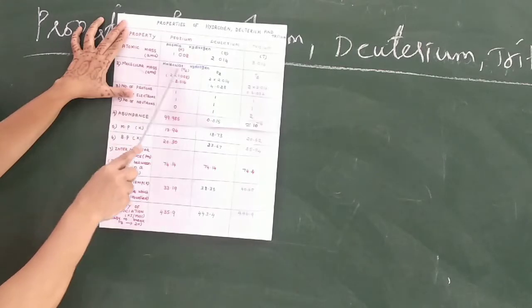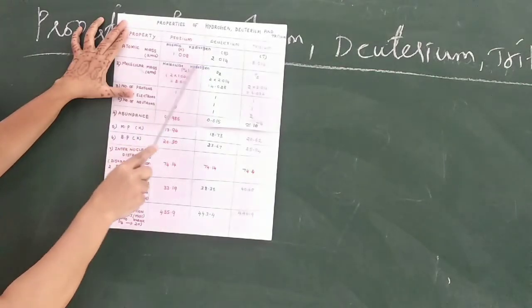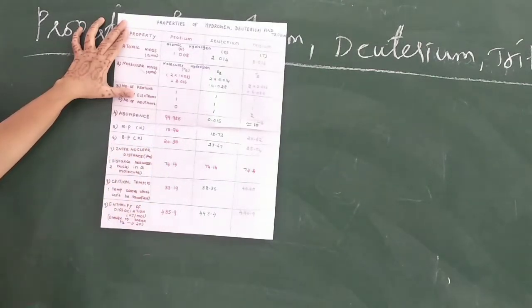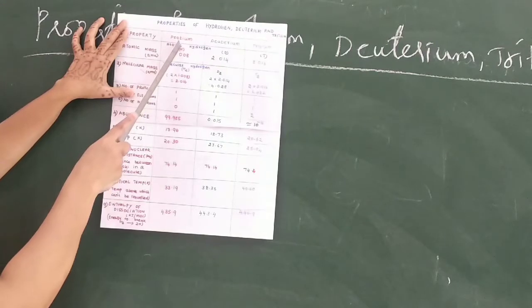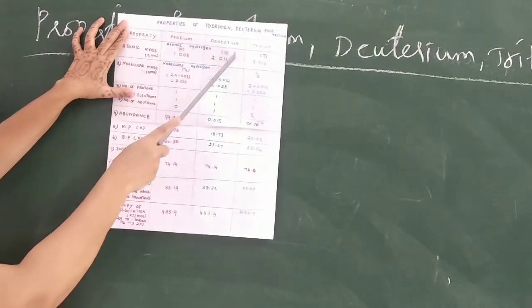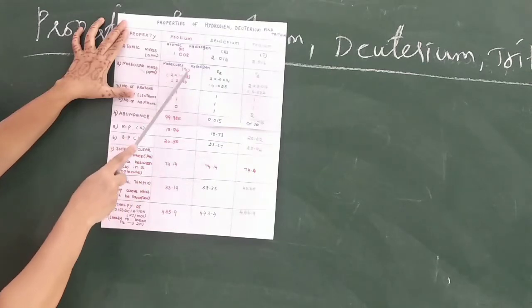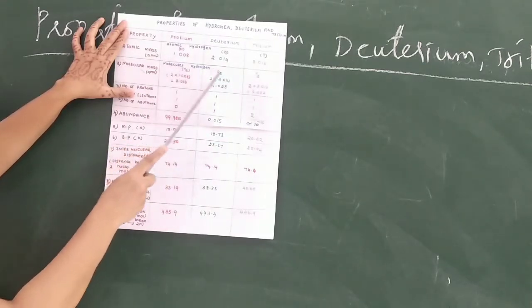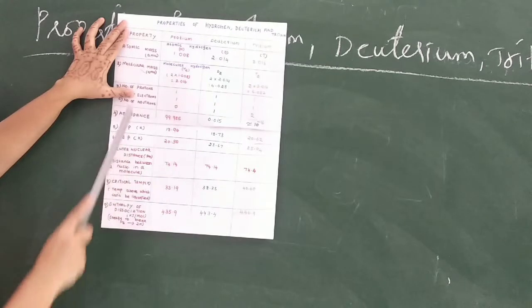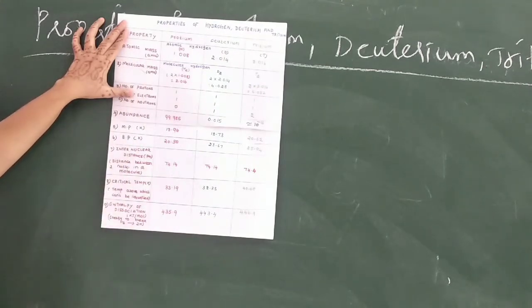Then molecular mass. First you have to understand molecular hydrogen. When two atoms combine, a molecule is formed. So two hydrogen atoms, H2, two deuterium, D2, two tritium, T2. You should not put 2 in the front. How do you calculate molecular mass?